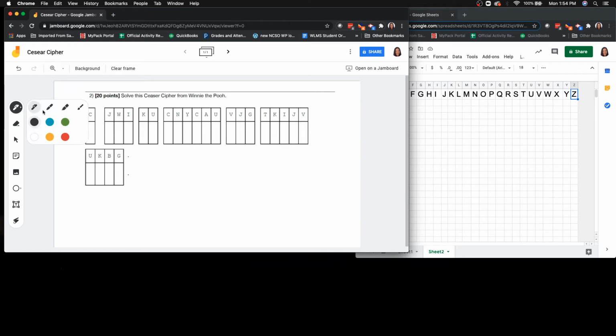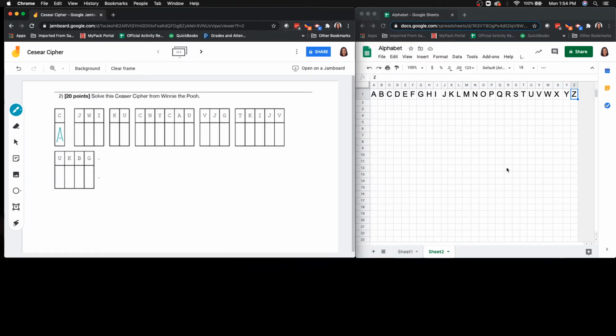If we think that the letter C in our code is the letter A, let's come back over here to my sheet. And you don't need to do this in a spreadsheet. I'm doing it on there because I'm recording this on the computer, but you can absolutely just do this on paper when you're working on your test.